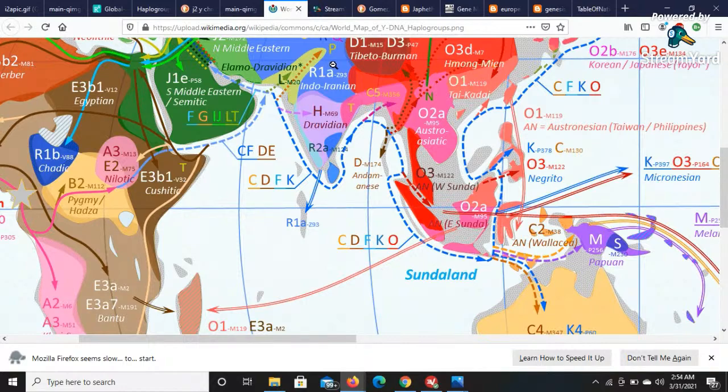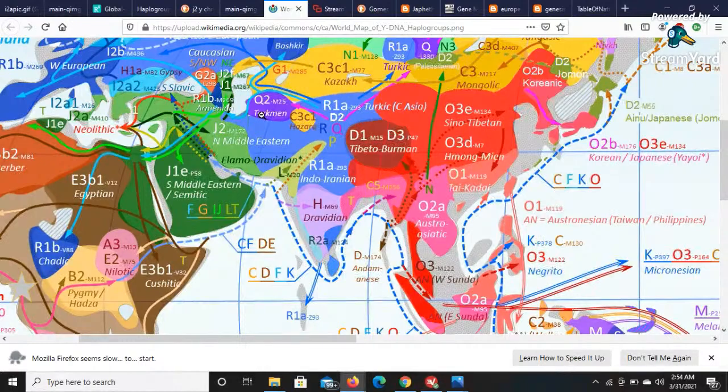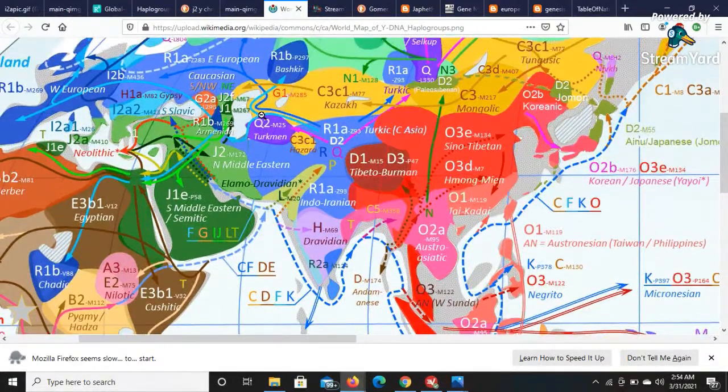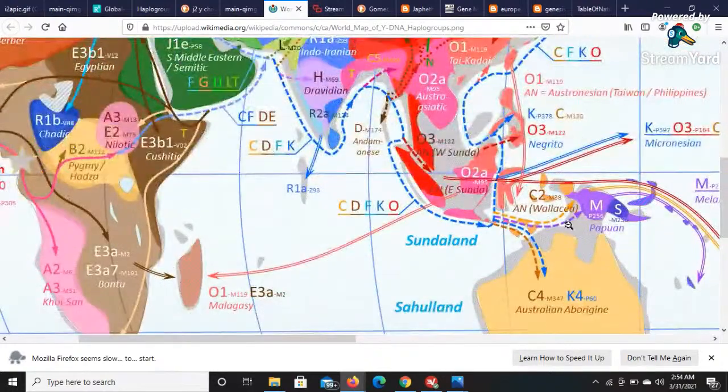P up here. And the Q, of course, is here. R, S, and T. So that's all mixed up. But who knows?